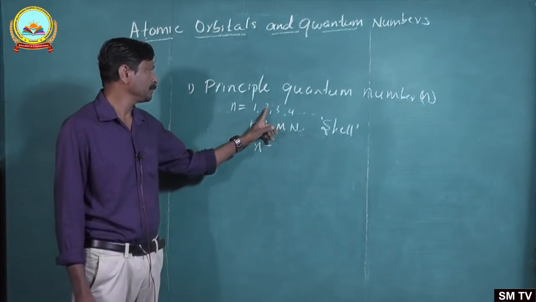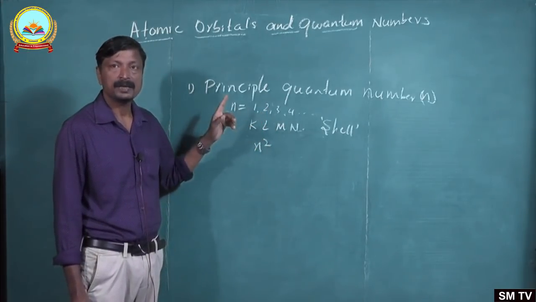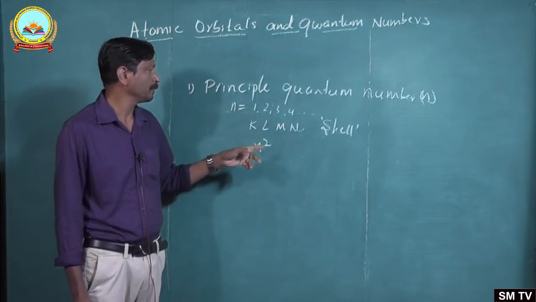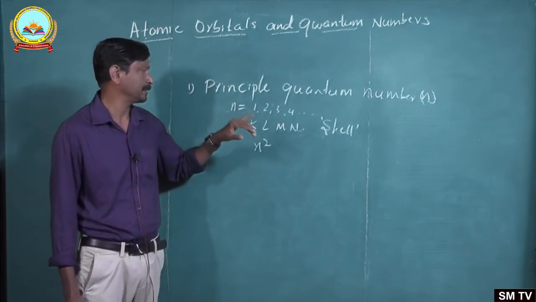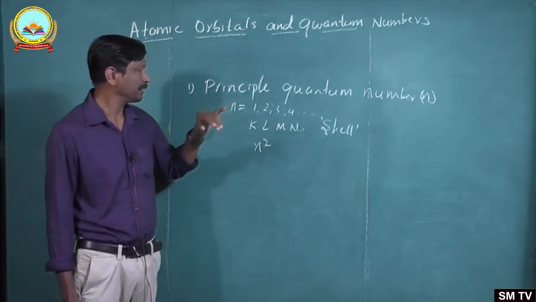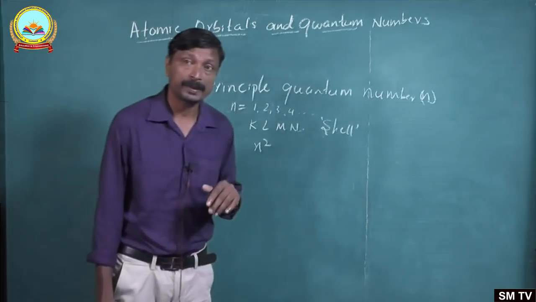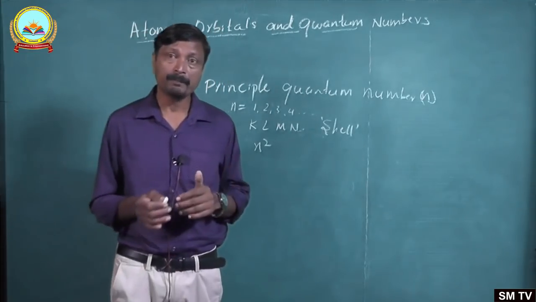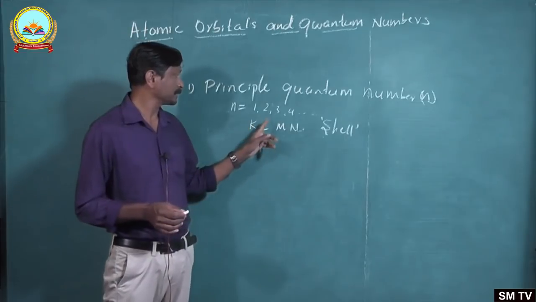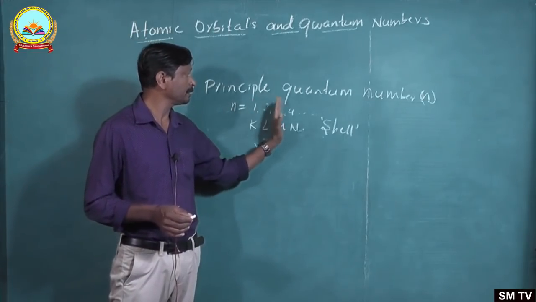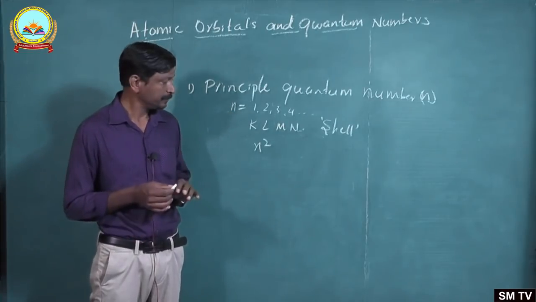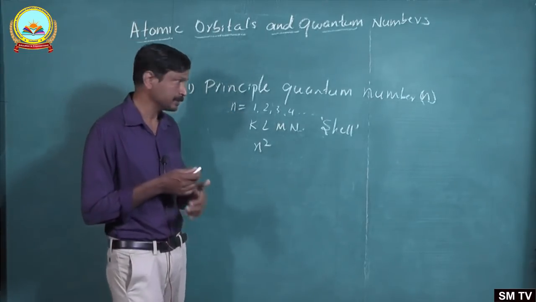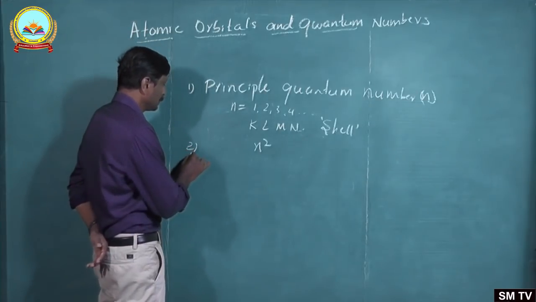In the second shell, the L shell, 2 square, 4 orbitals. In the M shell, 3 square, 9 orbitals. In the N shell, 16 orbitals. As the principal quantum number increases, the number of orbitals increases. These things I discussed in my last class. The second one is the azimuthal.